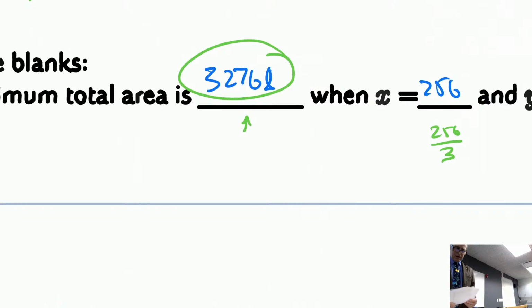So I'll be kind and gentle as I grade these and give points liberally for almost anything. But I just wanted you to have an experience of doing an optimization problem, because this is what happens, especially when you get to Calculus 2 and multivariable calculus. If you do those courses, I know some of you are like, I'm never going to do that. But you bump into an optimization problem that's completely different from anything.